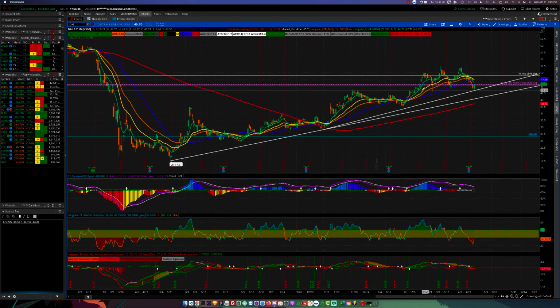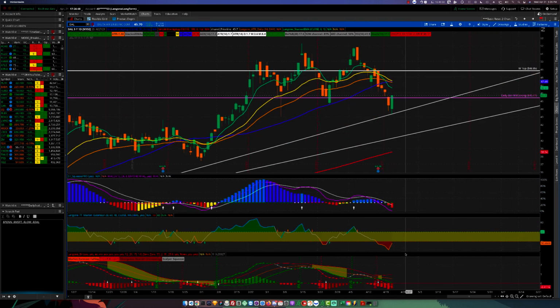We found support at 43.50. This looks like a little head and shoulders forming, possibly. Currently oversold. MACD is negative and decreasing. We had one big day that broke through our Keltner channel daily bottom.